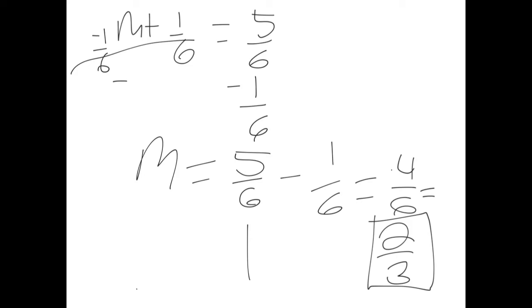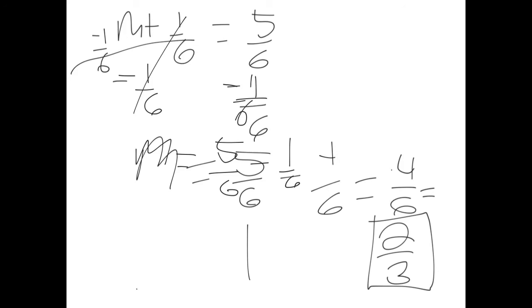So this is how you solve equations containing fractions. This is a subtraction. So you subtract by 1/6 and subtract by 1/6, and this equals m equals 5/6 minus 1/6, which equals 4/6.